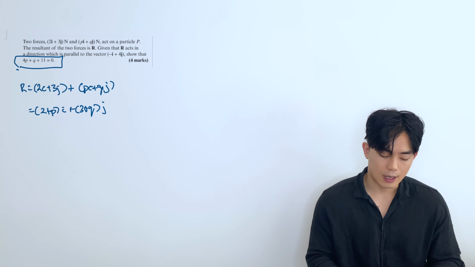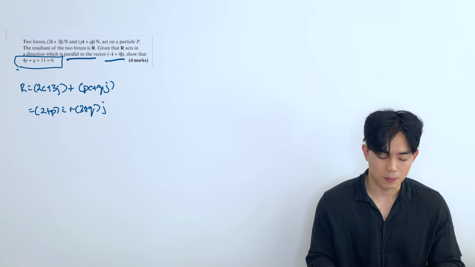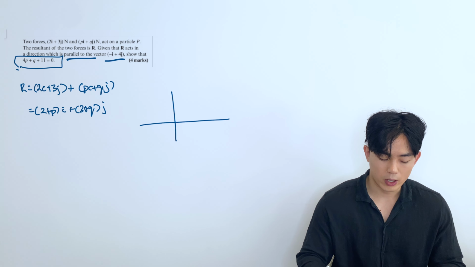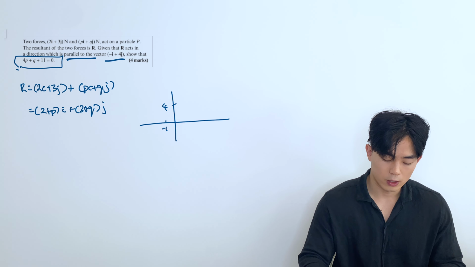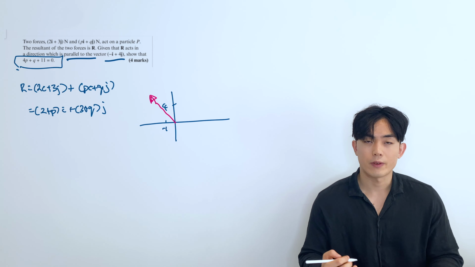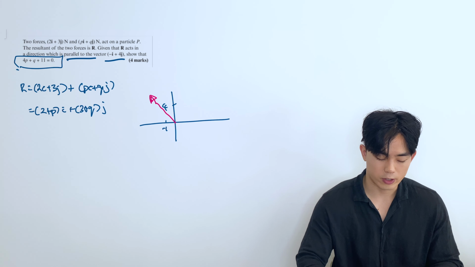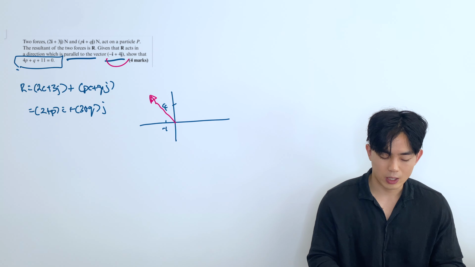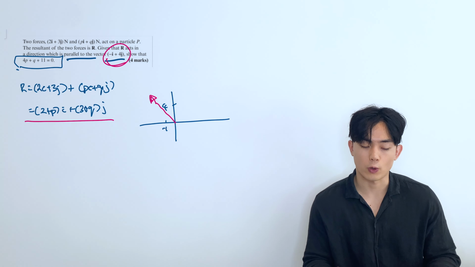Now it says that R acts in a direction parallel to the vector -i + 4j. If I was to sketch the vector -i + 4j, it's (-1, 4), so that vector is going to be moving in this direction here. For parallel, we know that the gradient has to be the same. So the gradient of this vector has to equal the gradient of our R vector. That's how we're going to equate them together.